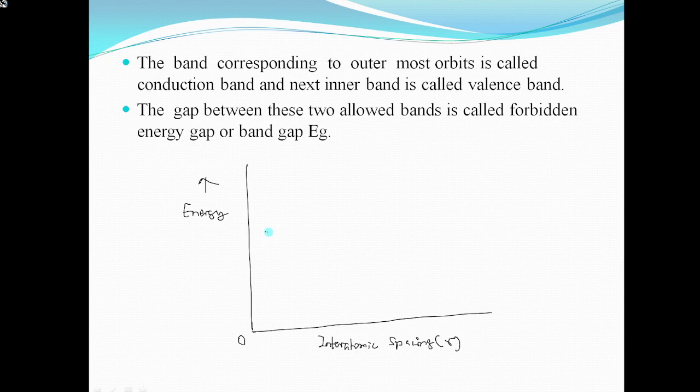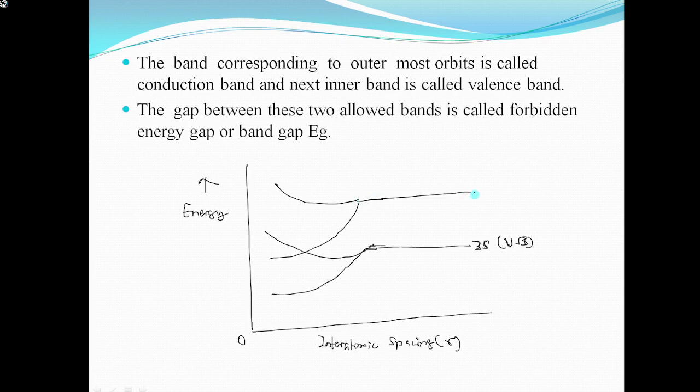Next, see here, what is the next orbital? Here the next orbitals are 3s. For sodium it is the 3s orbital. These orbitals overlap to give the valency band. The next, higher one is 3p. These overlap to give the conduction band.